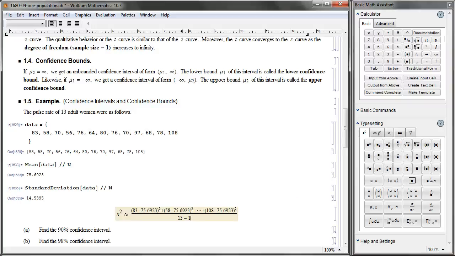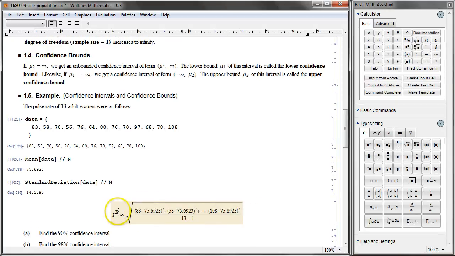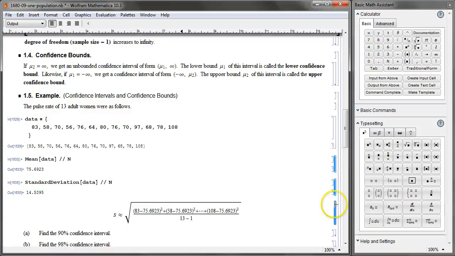That's going to give me the variance. If I take the square root of everything, that's going to be the sample standard deviation. If you do this right, you're supposed to get 14.5395 approximately.